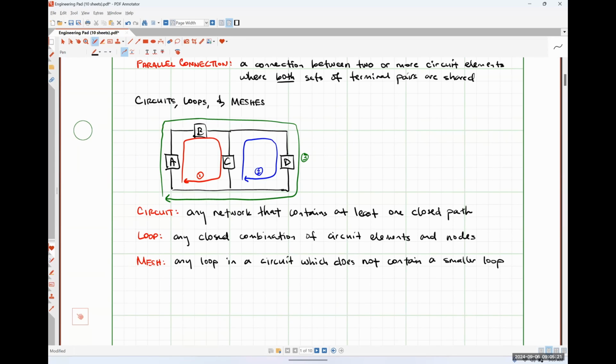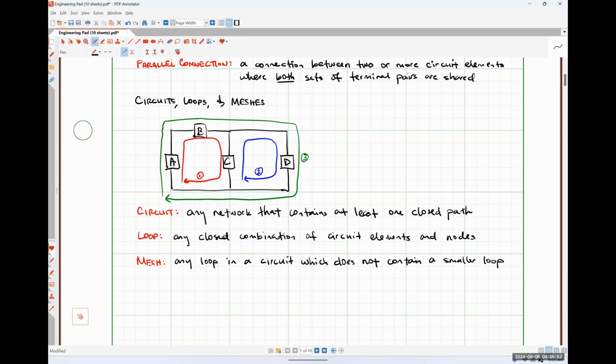We are not going to revisit the concept of a mesh probably for another 2 to 3 weeks at this point. I think it's class meeting number 7 or 8 where we start talking about mesh analysis. But our ability to figure out where a loop is going to come into play once we start talking about Kirchhoff's voltage law on Wednesday's class meeting.